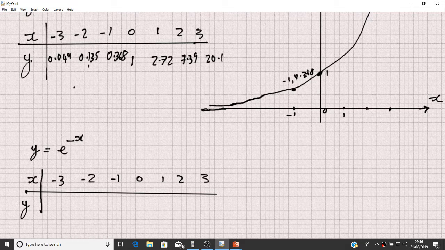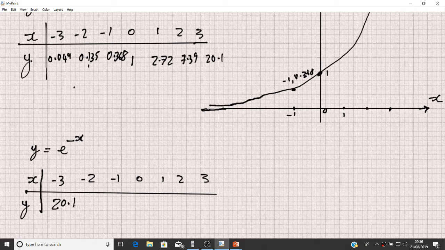Now the reason I left the other table up there was because the previous table was y equals e to the power of x. So if we now have e to the power of minus x, I can actually say for x equal to negative 3, I'm going to copy e to the power of 3 from the previous table.